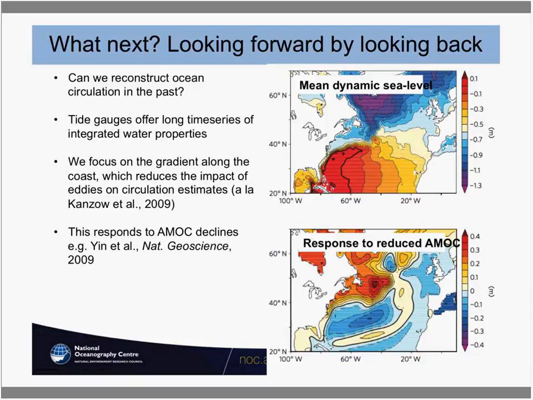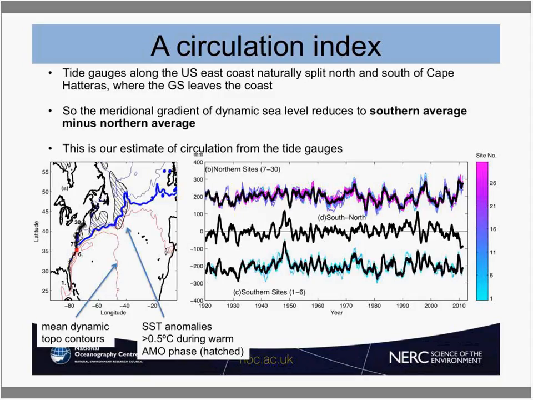So that's the difference between the subtropical and subpolar gyre, really, is what we're doing there. Gauge data naturally break into groups along this coastline, south of Cape Hatteras and north of Cape Hatteras, Cape Hatteras being where the Gulf Stream leaves the coast.